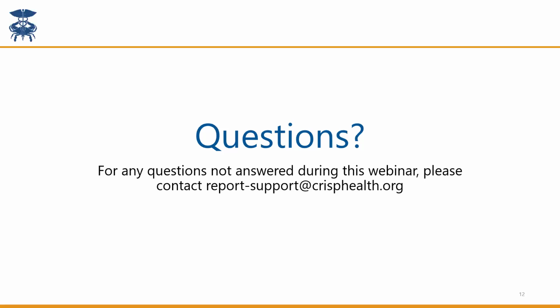So depending on your role and your access within CRS, you may have more than one panel that you can view. If you have questions or need help with getting access to the right panels for you, you can email report-support@crisphealth.org and we can see what you currently have access to and what we can provide.